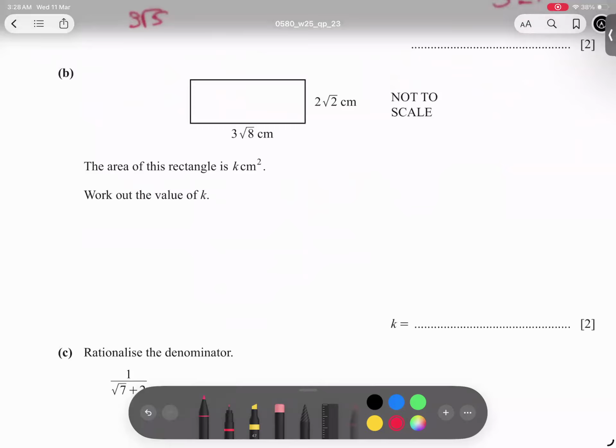B part: area of the rectangle. What is the area of a rectangle? We need to find K. The rectangle area formula is length times width. Area is replaced by K, I'm replacing the left side with K. Length is 3 root 8 and width is 2 root 2. The numbers outside will multiply, 3 twos are 6, and the root values inside, 8 and 2, multiply because they have the same root.